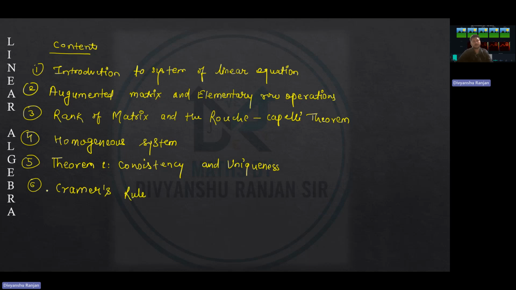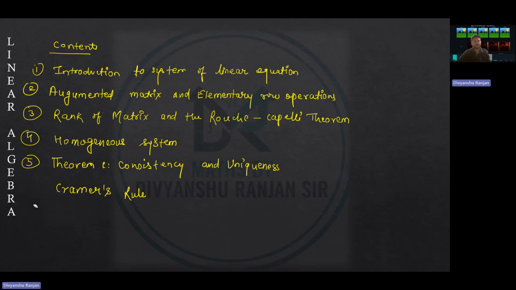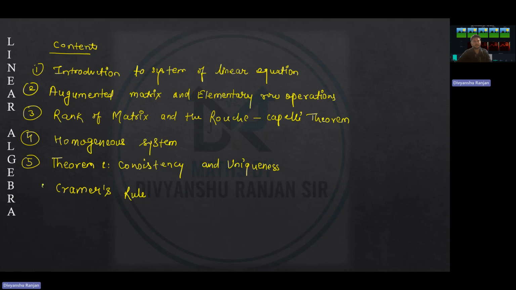And this is only 5.1 maybe. Okay, these are the theorems. The first theorem; the second theorem is Cramer's rule; the third theorem is the fundamental theorem of invertible matrices.